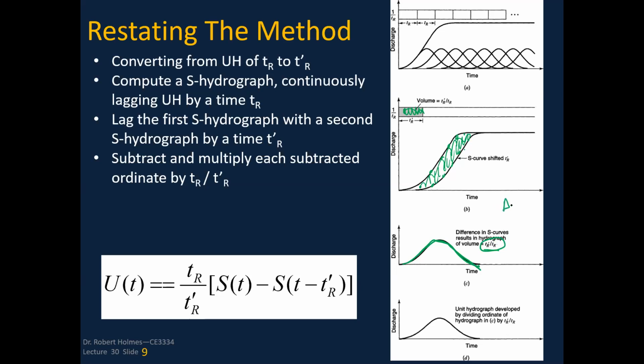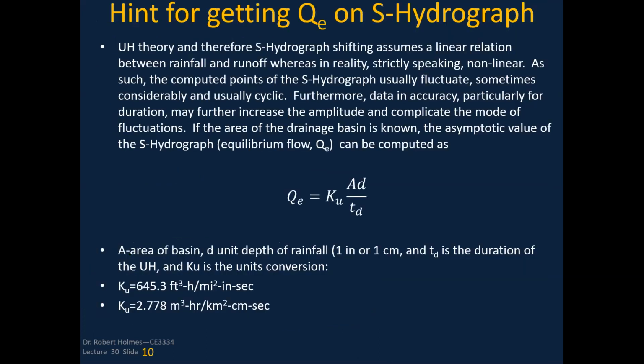Again, before we used delta T prime over delta T as the volume. Remember, that's the same thing. This graphic just came out of another textbook. Then I divide each ordinate here by the volume, and that gives me a unit hydrograph, and it's represented here by this equation.